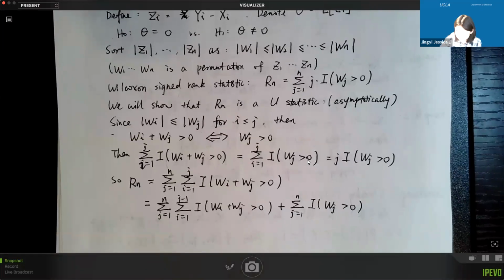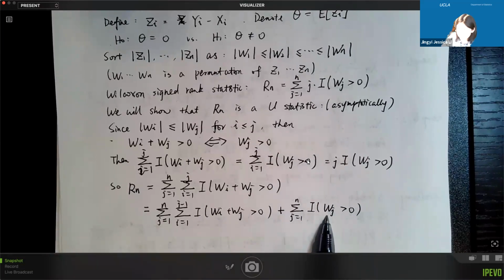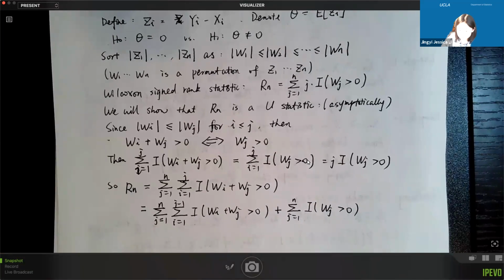Now for the first term, it's for sure about a pair among Z1 to Zn, and each Wj must correspond to one of the original Z1 to Zn.